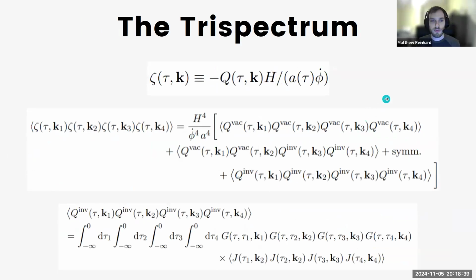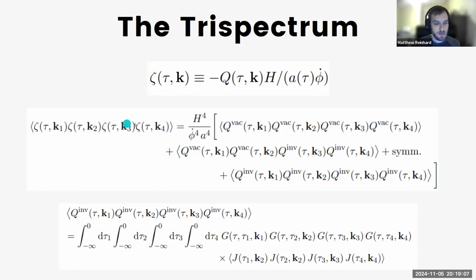So we want to compute the Fourier transform of the 4-point correlation function, which is known as the trispectrum. And we want to compute this correlation function of the primordial curvature perturbations, since these can be translated to the late time galaxy 4-point correlation function.